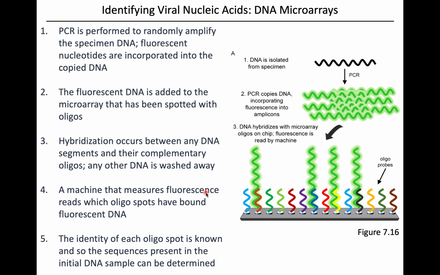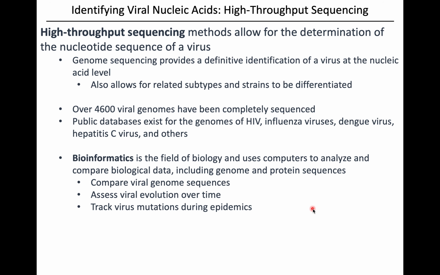Because those chips are designed, researchers know that this oligo corresponds to influenza virus, and this oligo corresponds to COVID-19, or whatever the case might be. So you could say very clearly, yep, this individual is infected with virus X, Y, and Z. So those are pretty cool, and there's all kinds of other very useful applications for microarrays, research applications as well.